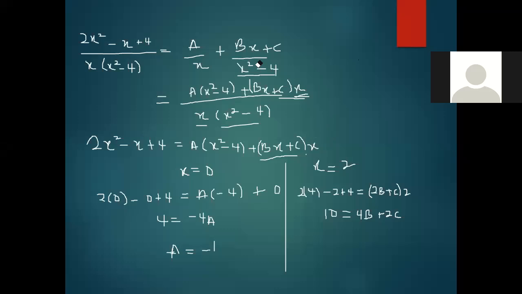Yes, Angelo, let me take your question. When we give x equal to 0, on the upper equation you have 2x squared minus x plus 4, and in the bracket you have 2 into bracket 0, and the equation is saying 2x squared.